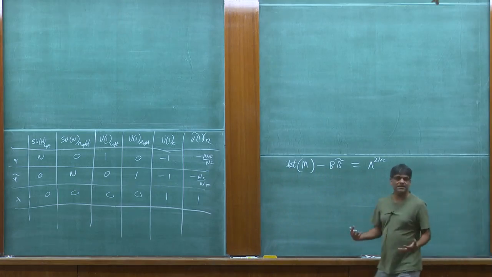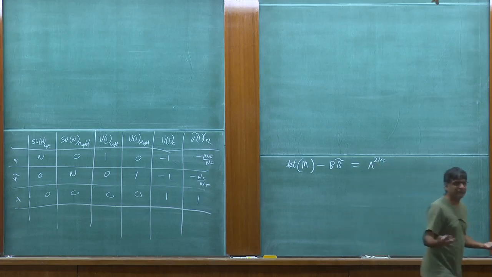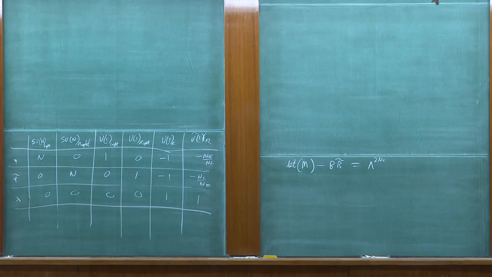Now, at the end of the last class, we outlined a check for this idea, and the check was that we were going to try to do this 't Hooft anomaly matching, so that the anomalies from the UV and the IR should match. Remember, now we were talking about global anomalies, unlike global gauge anomalies as we've done in previous lectures.